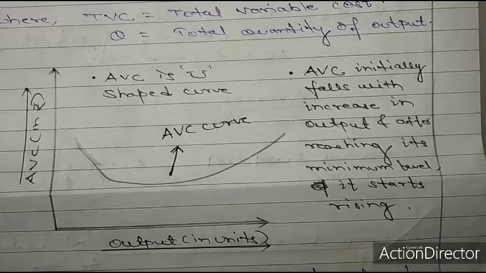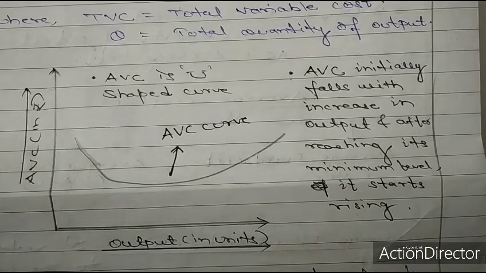If you have understood the law of variable proportion, when we keep one factor constant and increase the level of output, the average product initially increases, then after some time it is constant, and after some time it decreases.